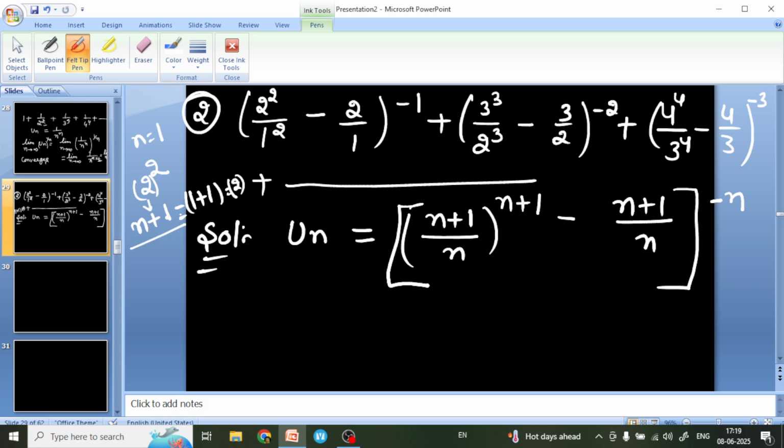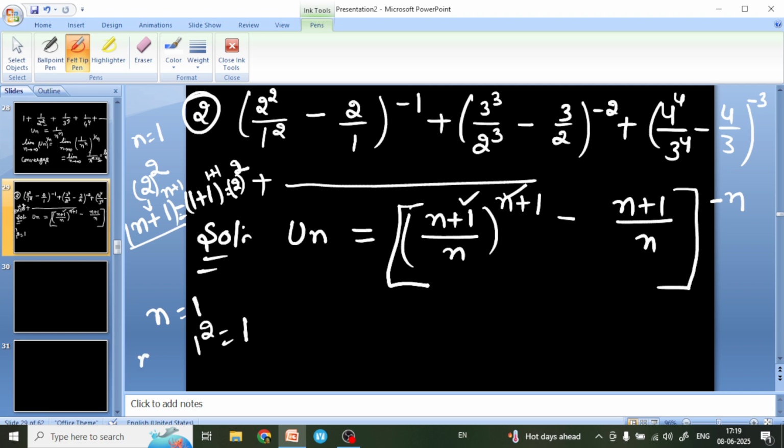And it's a whole power also, n plus 1, so we will find 2 raised to power 2 by this method, and 1 raised to power 2 means n only, n is equal to 1, 1 raised to power 2 is equal to 1.